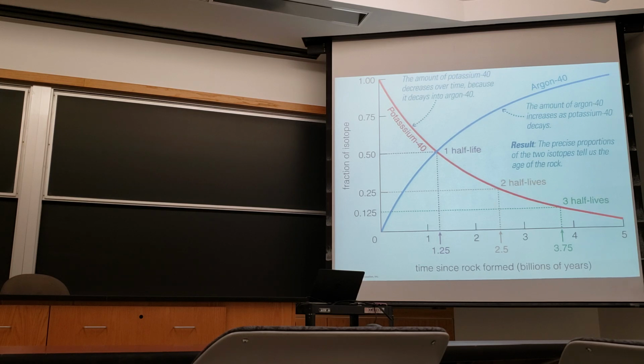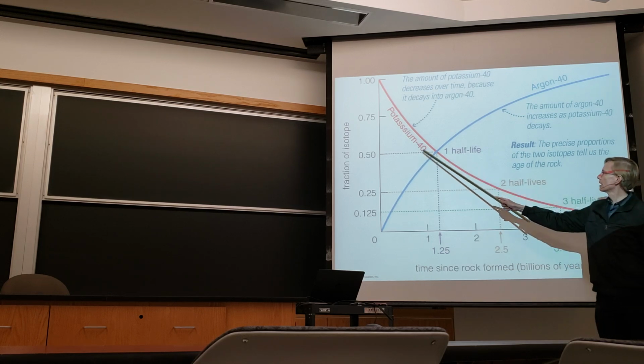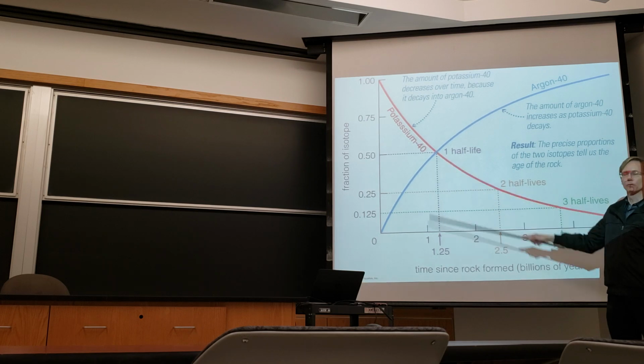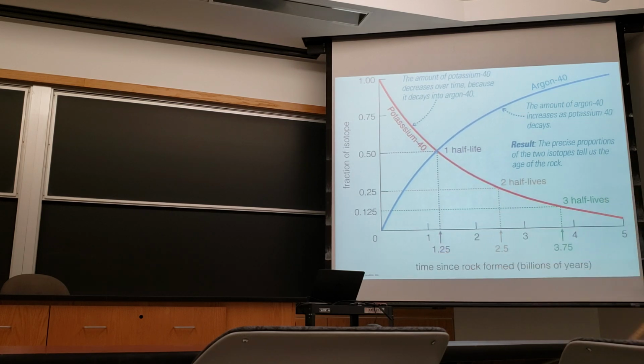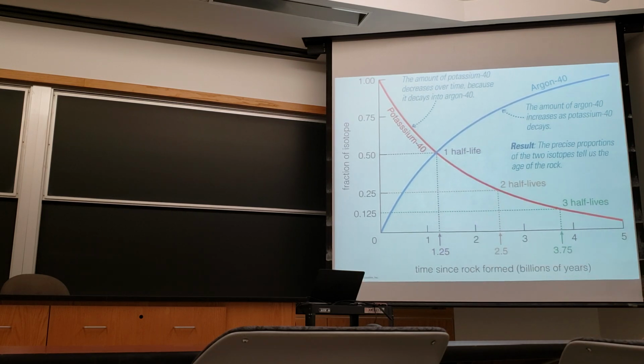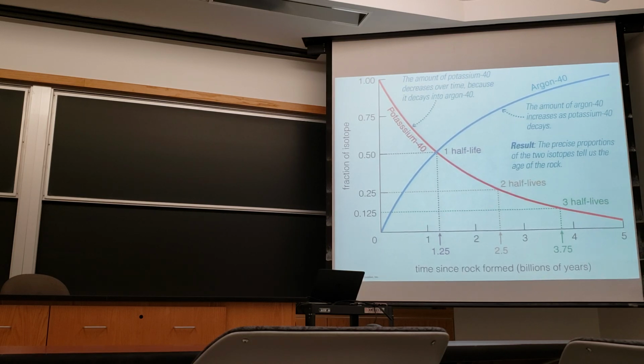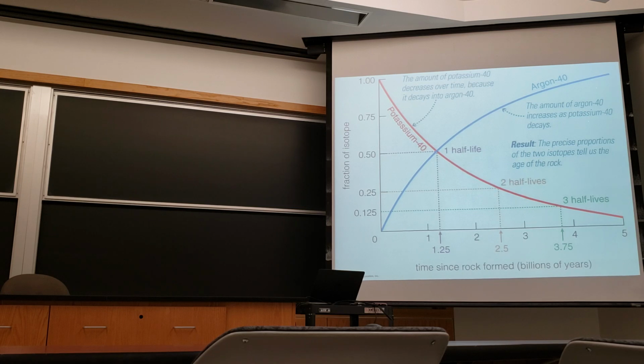And so on this graph right here, what is the half-life of potassium-40? After one half-life, half the material is left, how much time is that? 1.25. 1.25 what? Billion. Billion years, yeah. So this is 1.25 billion years for the half-life in this particular case.